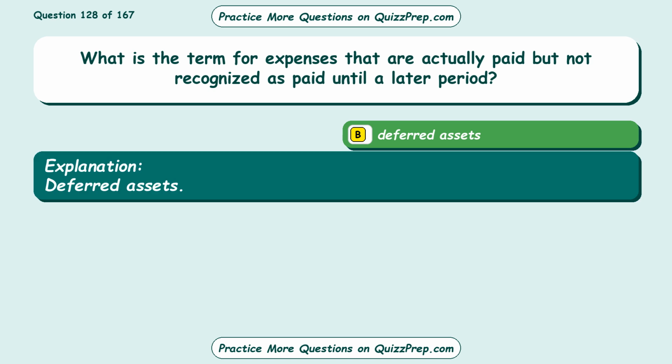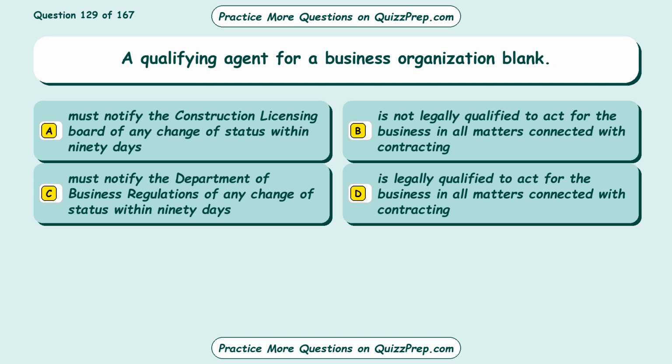Deferred assets. Question 129. A qualifying agent for a business organization blank. Option A, must notify the Construction Licensing Board of any change of status within 90 days. Option B, is not legally qualified to act for the business in all matters connected with contracting.